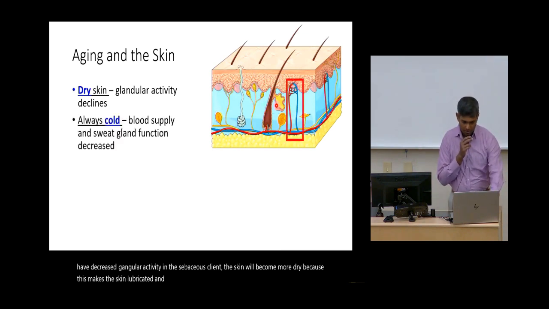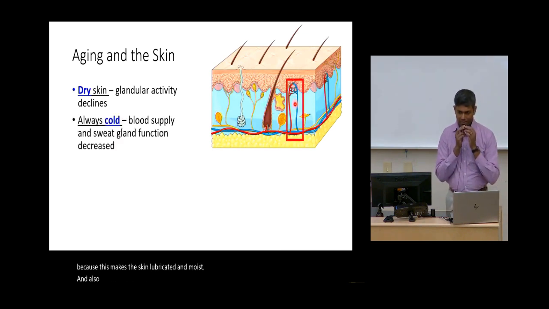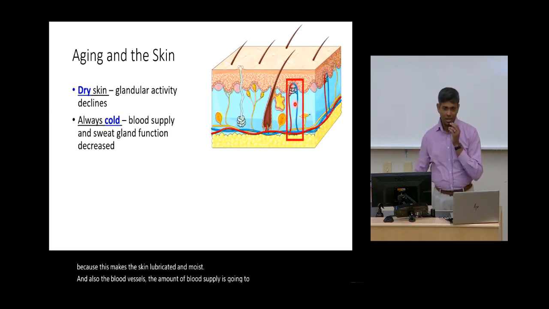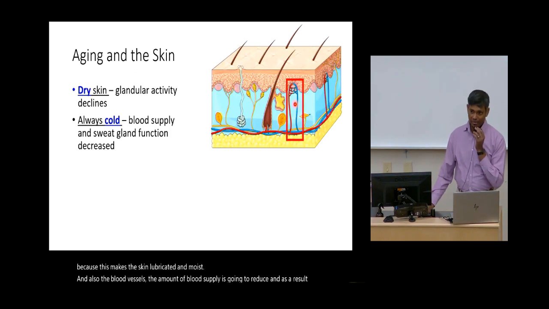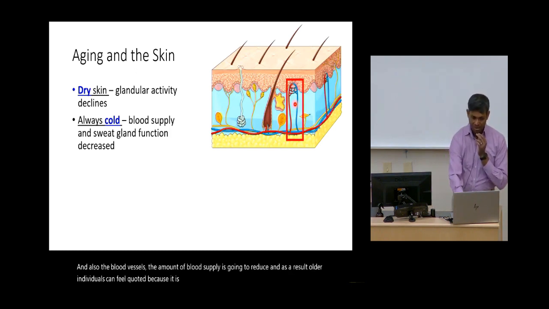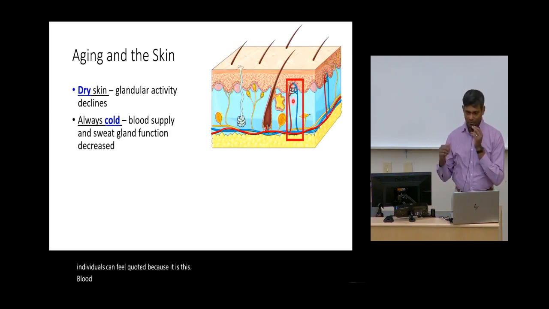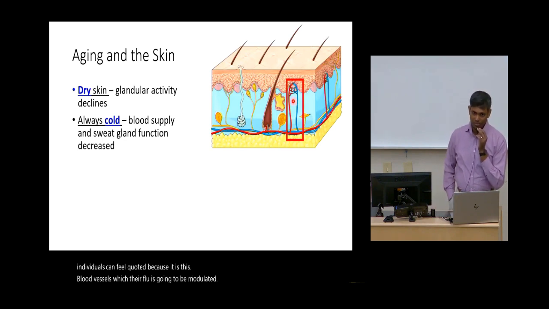And also the blood vessels, the amount of blood supply is going to reduce, and as a result, older individuals can feel colder, because it is these blood vessels whose flow is modulated according to the surrounding temperature. But if you have less blood flow, that can affect temperature regulation.